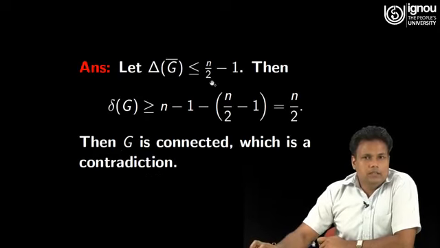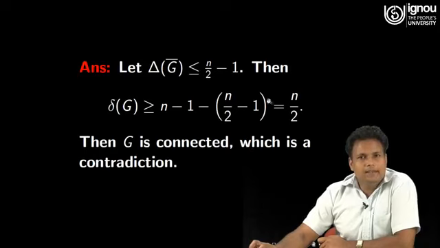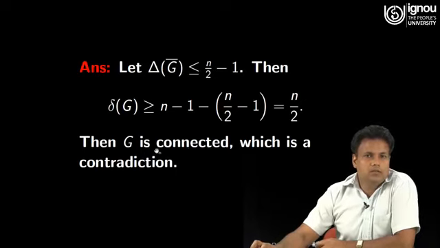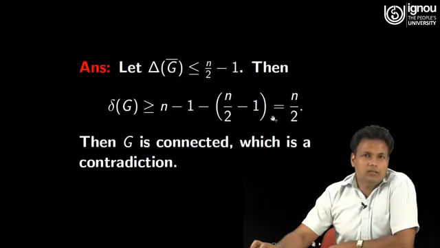Now, this means that the minimum degree of G is at least n minus 1 minus the maximum degree of G bar, and this quantity becomes equal to n by 2. And you know that if any graph has minimum degree at least n by 2, then that graph is connected. So, this is a contradiction, because we have assumed that G is disconnected, and hence the maximum degree of G bar is at least n by 2.